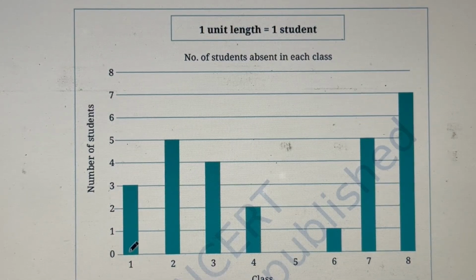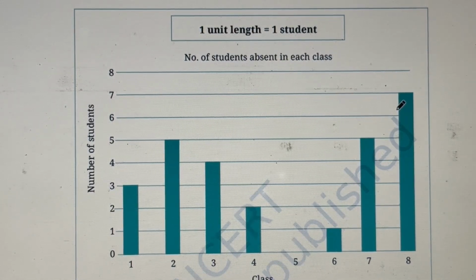So you can just see in class 1, 3 students are absent, class 2, 5, class 3, 4 students, class 4, 2 students are absent. In class 5, all are present. No child is absent. Class 6, only 1. Class 7, again 5, similar to class 2. And class 8, 7 students are absent.